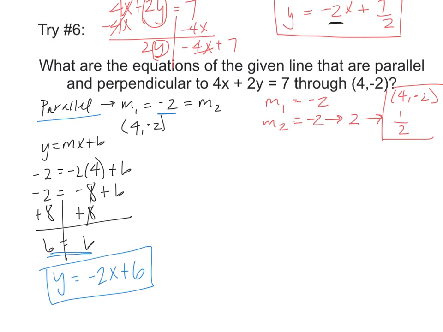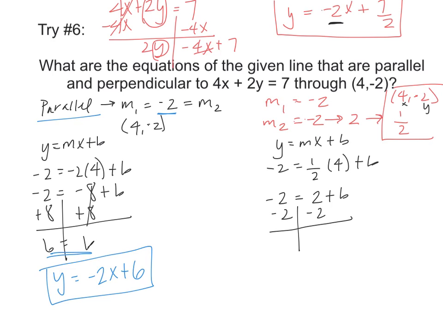Again, y equals mx plus b, just so we're putting things in the right spot. Y is negative 2 equals 1/2 times 4 plus b. That means that negative 2 is equal to 2 plus b. If I want to get b by itself, I'm going to need to subtract 2. So b will equal negative 4.